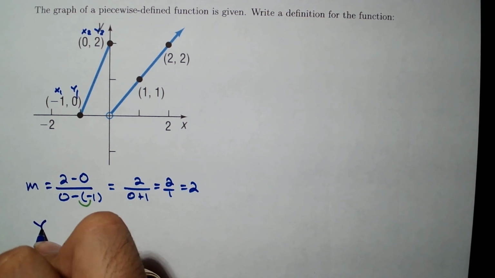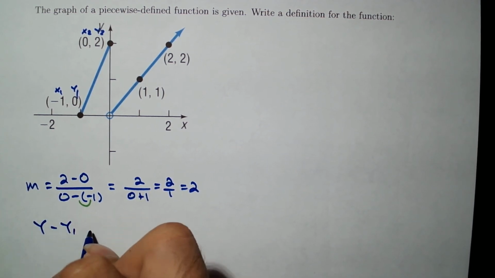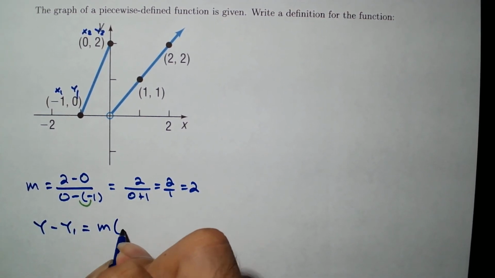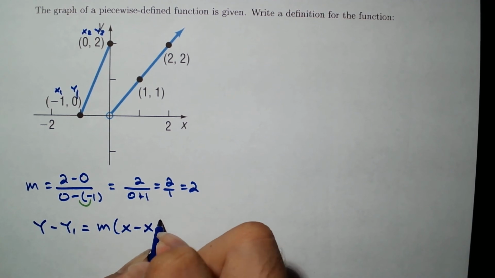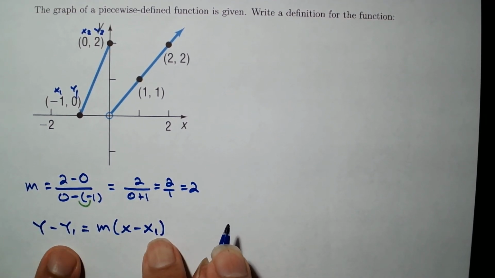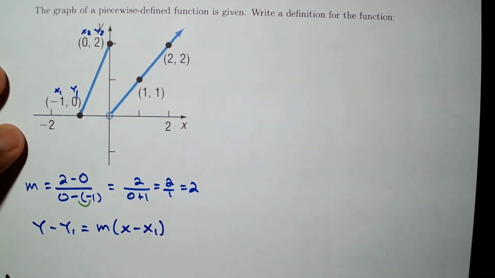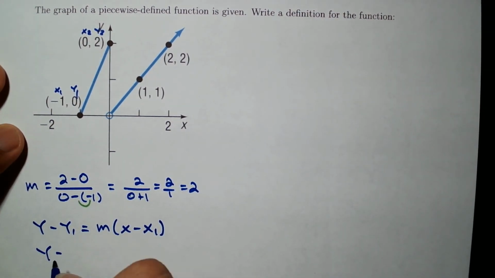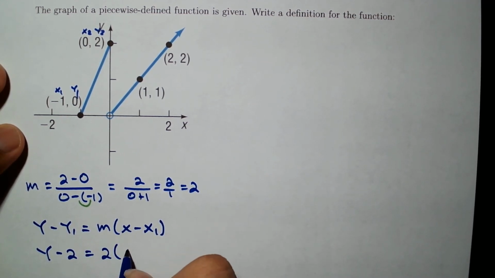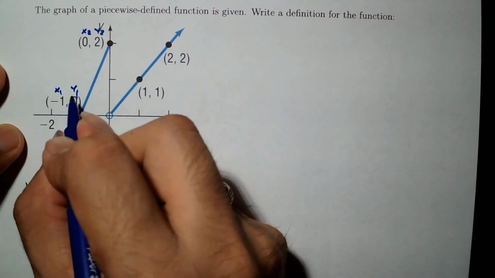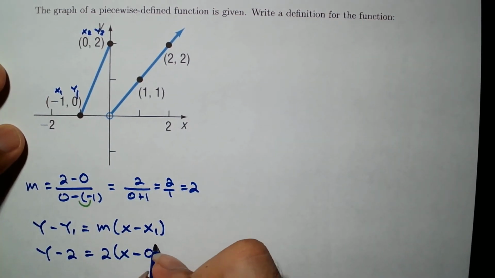I'm going to use the point slope form, y minus y1 equals m times x minus x1, where x1 and y1 are the coordinates of the point that I'm going to choose, which in this case is y minus 2 equals m, which is 2, times x minus x1, which is 0.